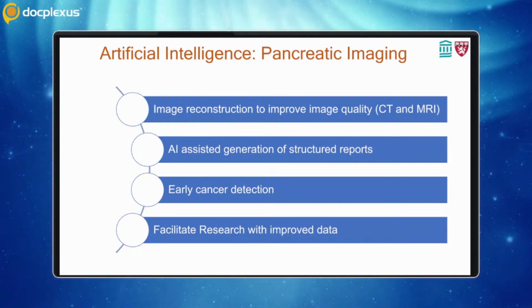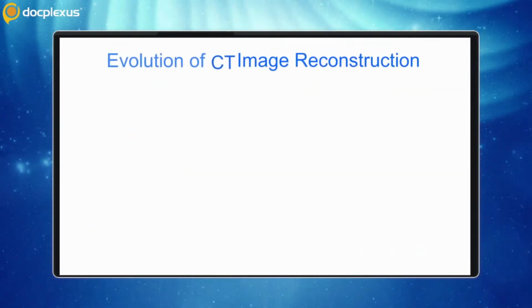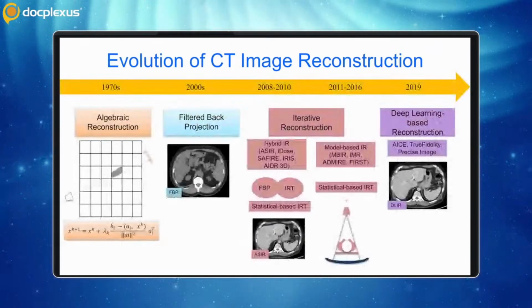Image reconstruction in CT is very important to generate tomographic images from X-ray projection data. There has been an evolution of different types of CT image reconstruction algorithms, starting from filtered back projection to deep learning based reconstruction.